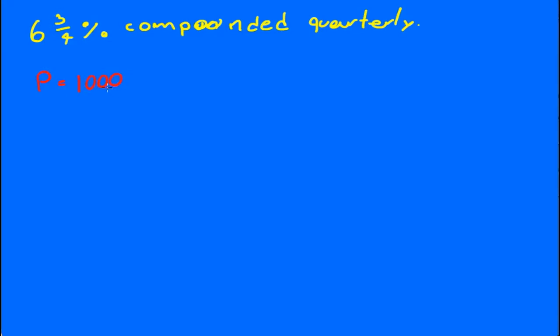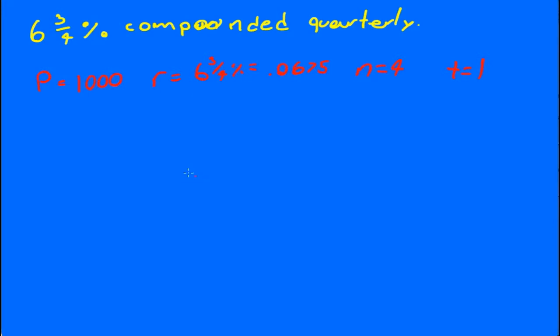Easy number. So our R is 6.75%, which is equal to 0.0675. Our N is quarterly, right? And our T is 1, because this is evaluated in 1 year.